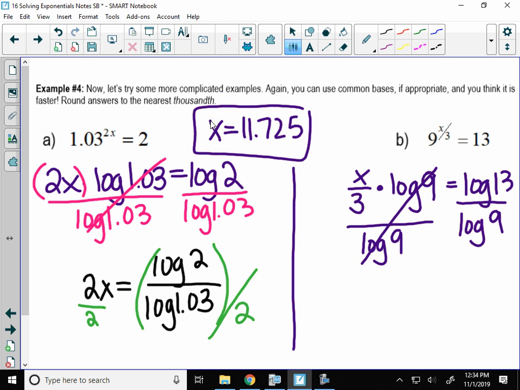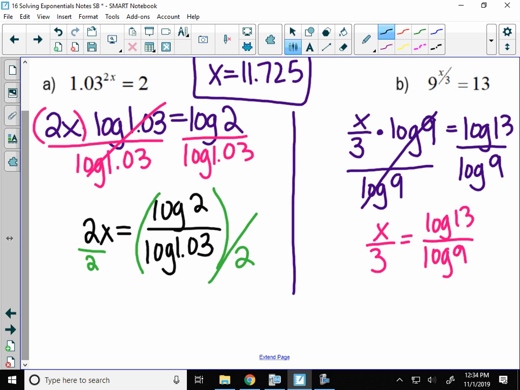And you'll have x over 3 equals that whole log fraction. And then you're going to multiply the whole right side by 3. So go ahead and type that into your calculator for me. Take log of 13 divided by log of 9, hit enter, and then do times 3. And tell me what you get. 3.5. 3 point what? 502?